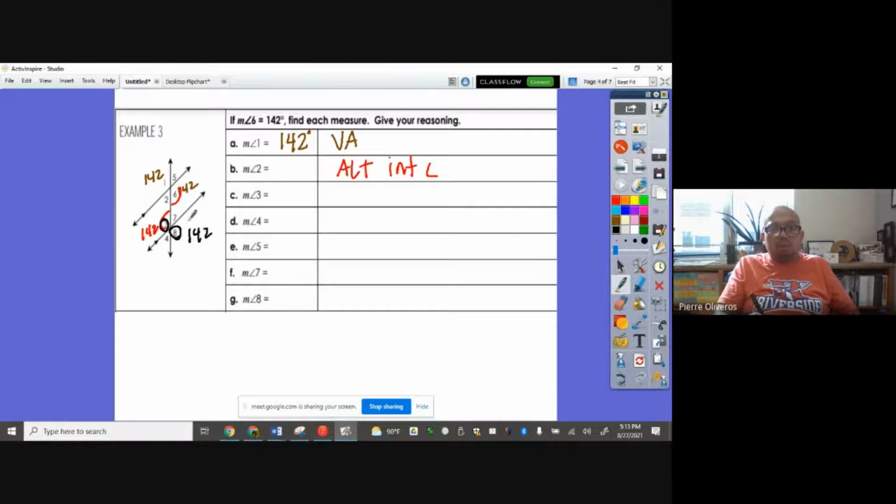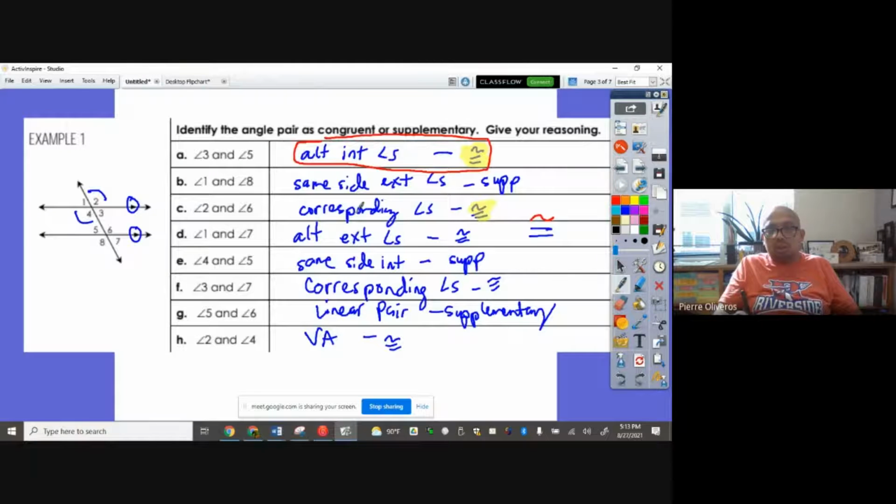But in relation to angle 6, it's also 142 here. Hold on. Because if you compare angle 6 and angle 8, they are what? Corresponding angles, because both of them are in the lower right. Corresponding angles. And according to our definition, corresponding angles are congruent.